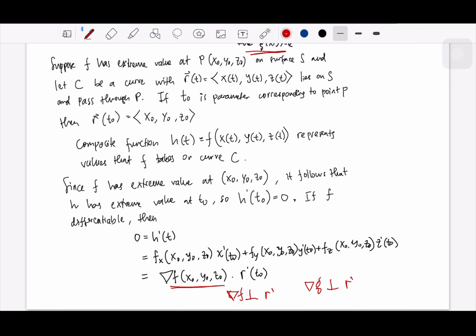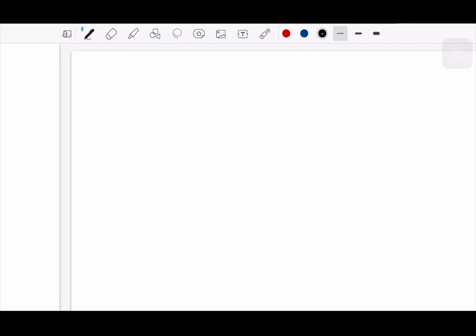This means that the gradient vector of f should be parallel to the gradient vector of g, and thus this results in what we call the Lagrange equations.